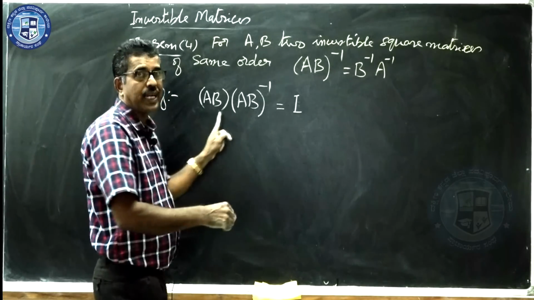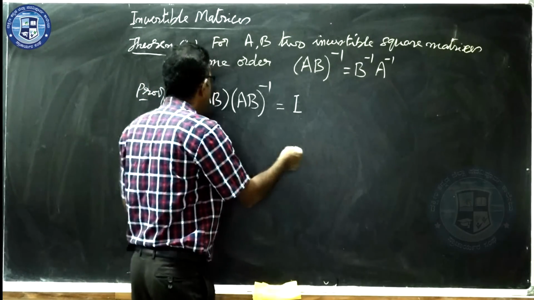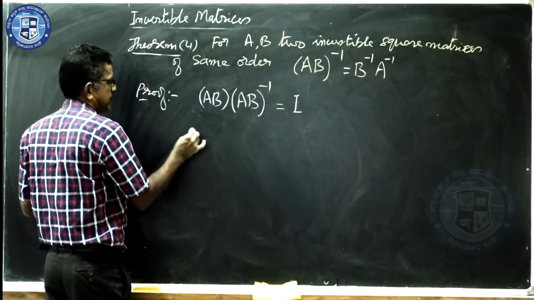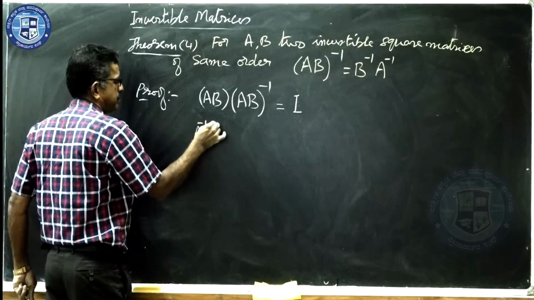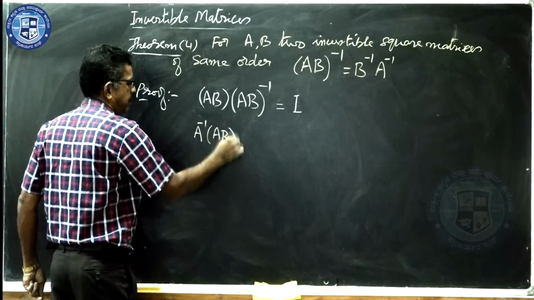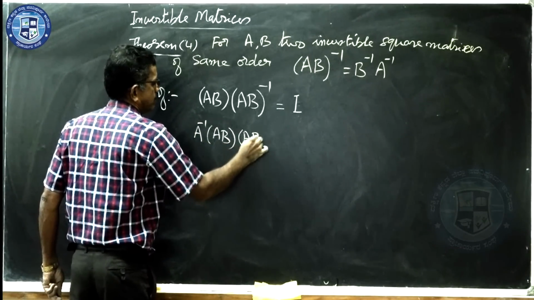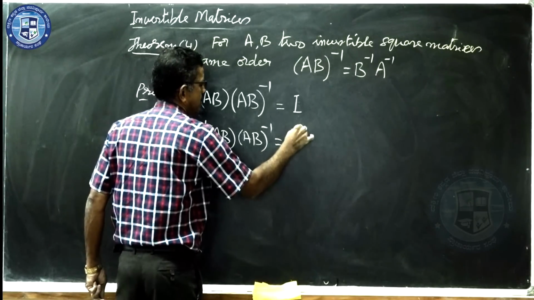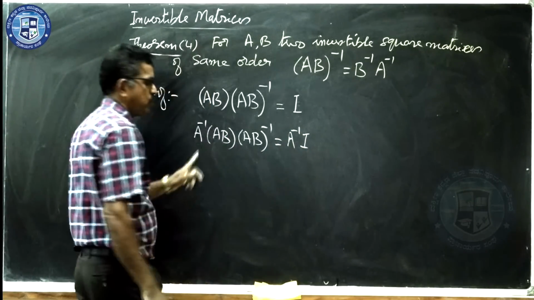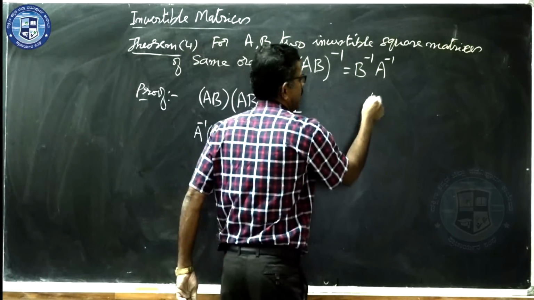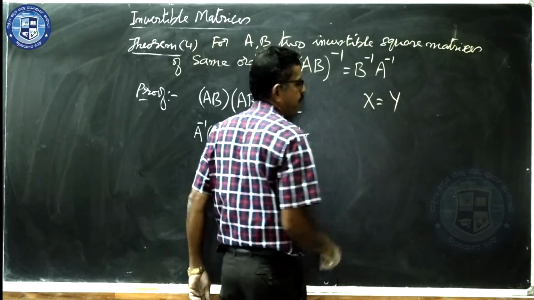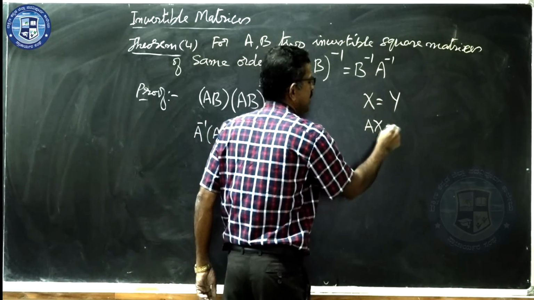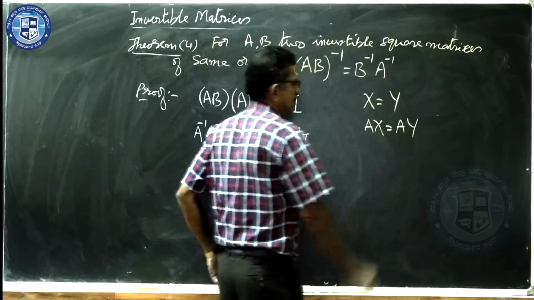So matrix into its inverse is always identity. After this, let me pre-multiply this expression by A inverse. I'll write here A inverse into AB into (AB) inverse is equal to A inverse into I. I hope you understand. Suppose we have two matrices with X equal to Y, you can write AX is the same as AY, no problem.